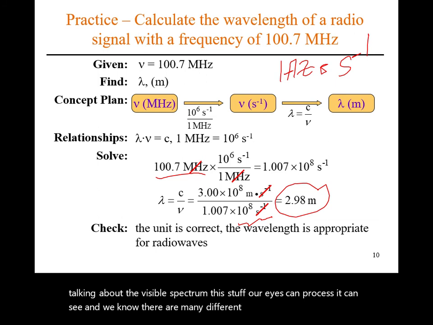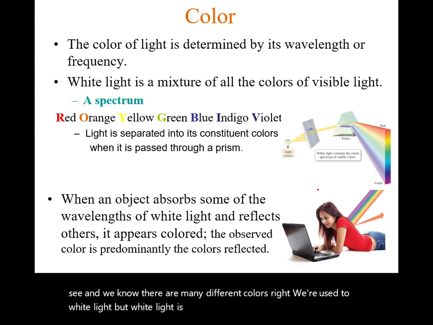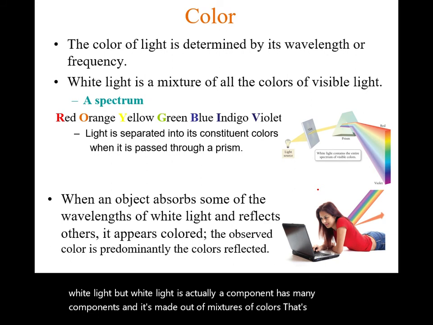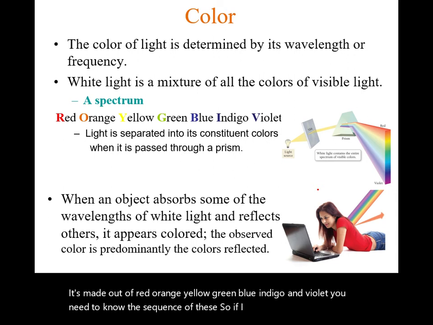We're used to white light, but white light has many components, and it's made out of mixtures of colors. That's the visible light. It's made out of red, orange, yellow, green, blue, indigo, and violet. You need to know the sequence of these. So if I pass it through a prism, it will separate like this.